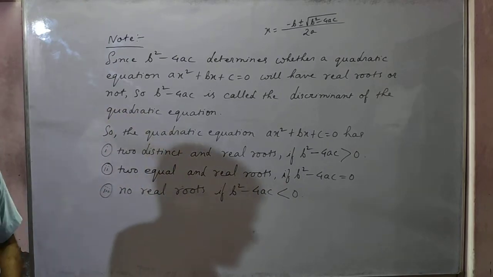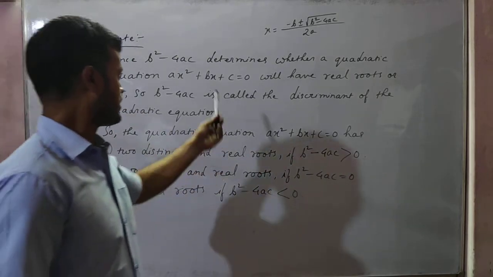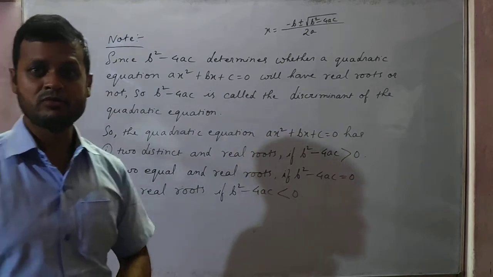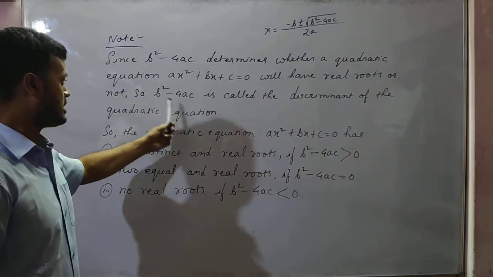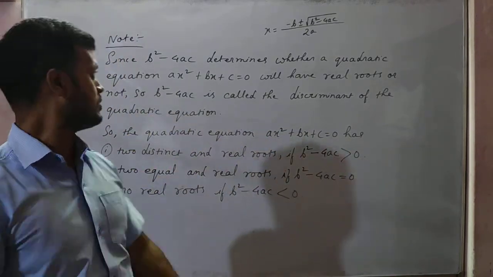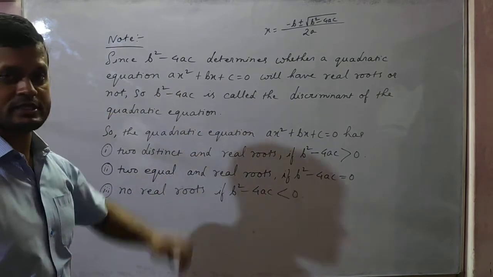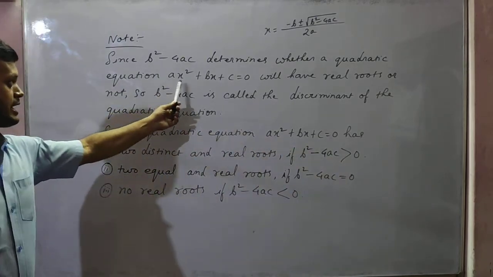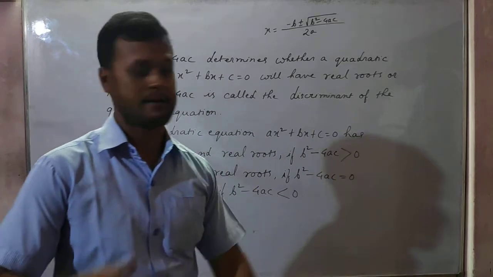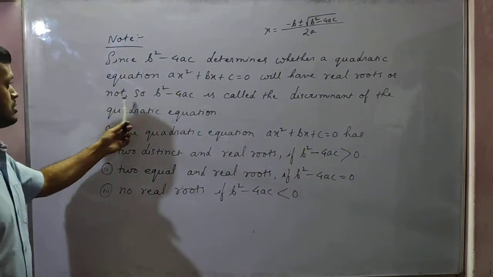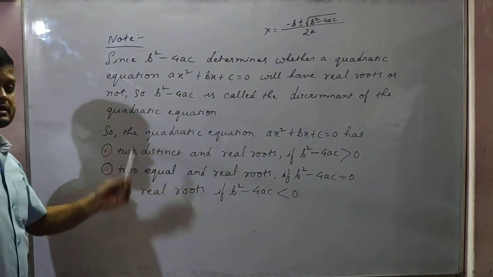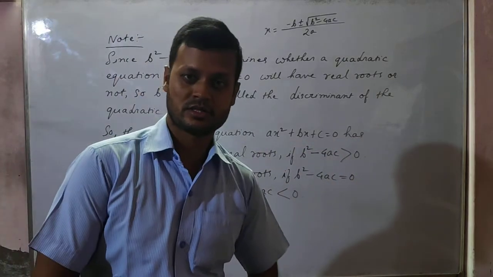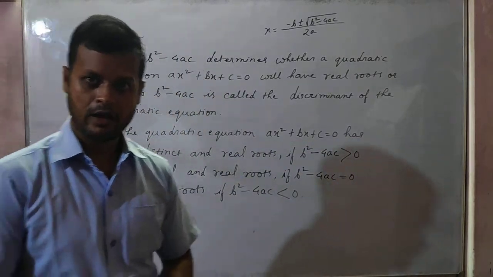Understood, students? This is the reason. Sometimes you may be asked why b square minus 4ac is called the discriminant of the quadratic equation. Then you will write this way: since b square minus 4ac determines whether a quadratic equation ax square plus bx plus c is equal to 0 will have real roots or not, b square minus 4ac is called the discriminant of the quadratic equation. Understood, students? I hope all of you have understood.